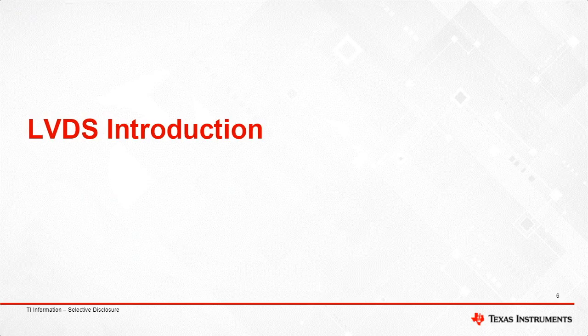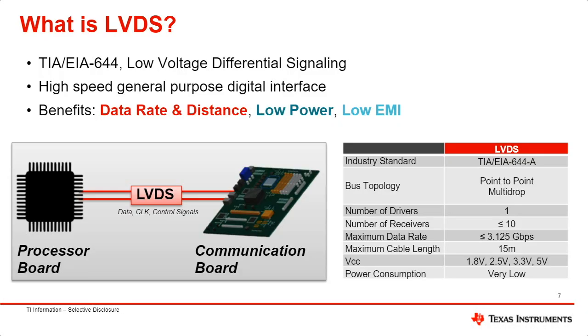I'll start with LVDS. So again, LVDS stands for low voltage differential signaling. Essentially, it's a high-speed general purpose digital interface that's used for data, clock, or control signal transmission. The standard only defines the physical layer electrical characteristics of the signaling method, and it does not define the data link layer or other layers of the OSI model.